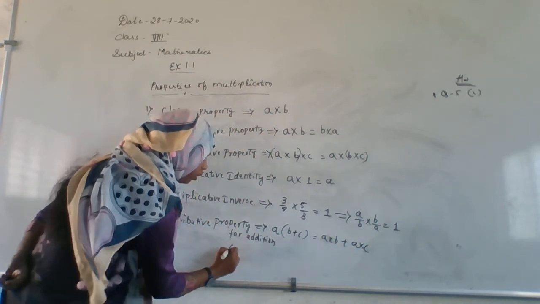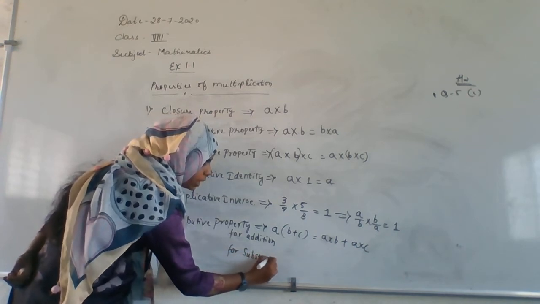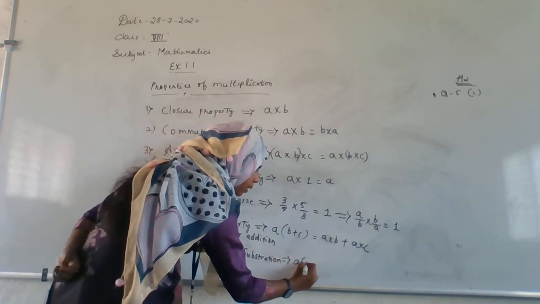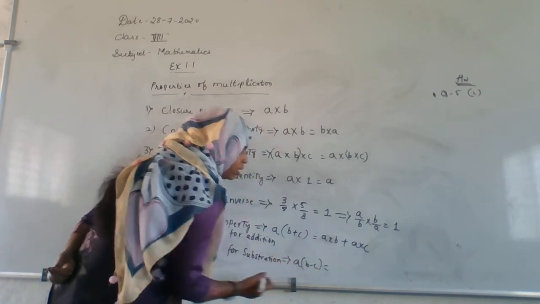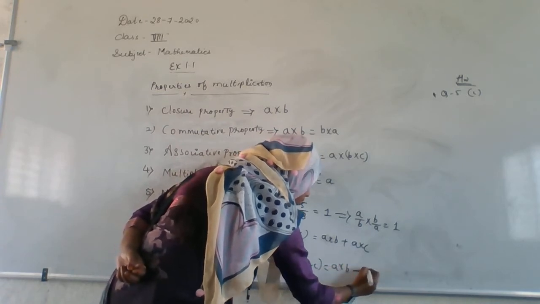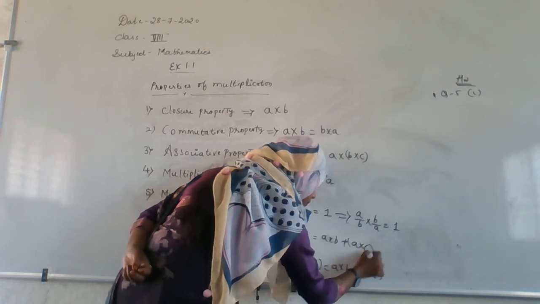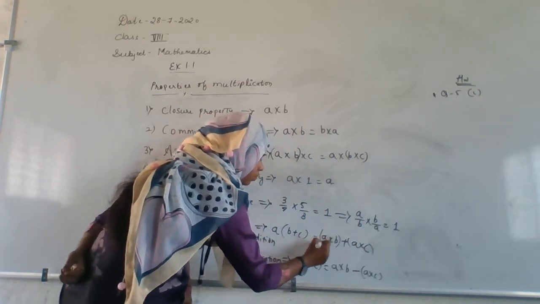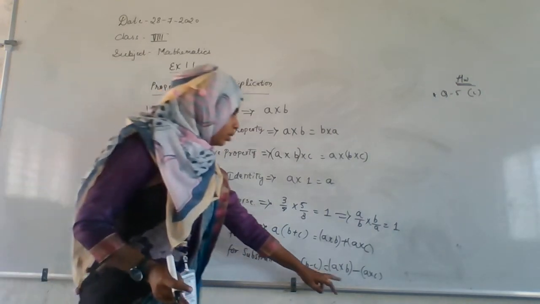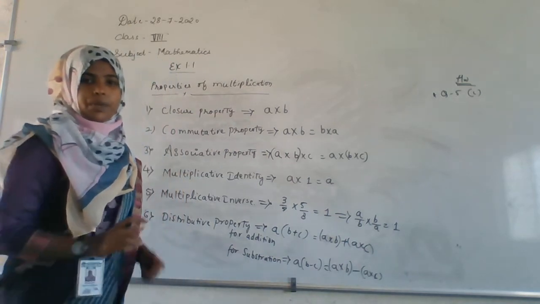And the same for subtraction under multiplication: A into B minus C, then we do A into B minus A into C. To avoid the confusion, just apply the brackets here.